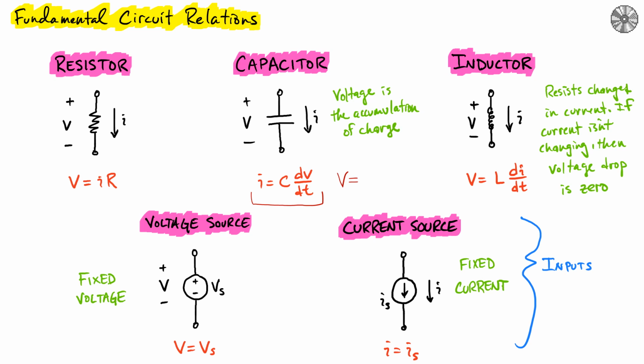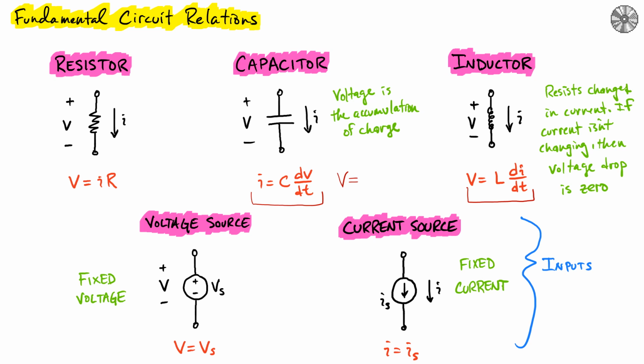And so it resists the changes in current, and that's what's described by its differential equation here, which simply says that once the current is steady through the inductor, then there's actually zero voltage loss, because the change in current would be zero, which means that the voltage across this inductor would also be zero.